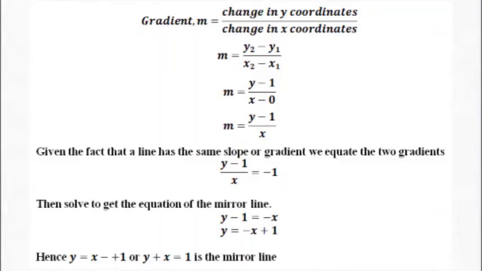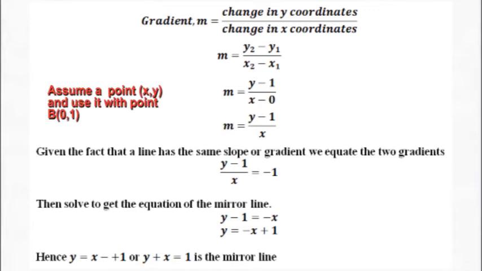Now we need to find a second gradient on the line. So we assume a point (x, y) along the line and use it to get the gradient using any of the known points, say point B, (0, 1). We again use our gradient equation, that is m is equal to change in y coordinates divided by change in the x coordinates.